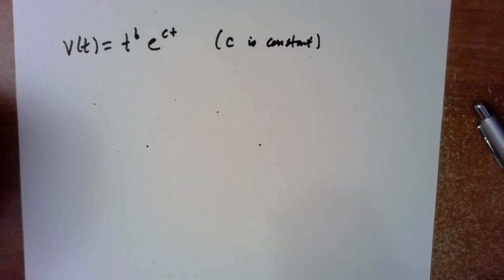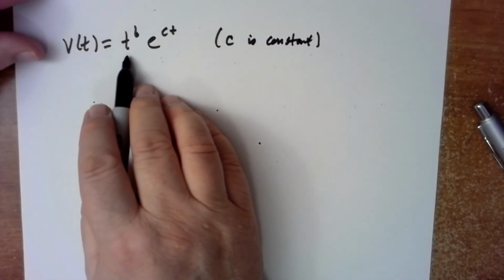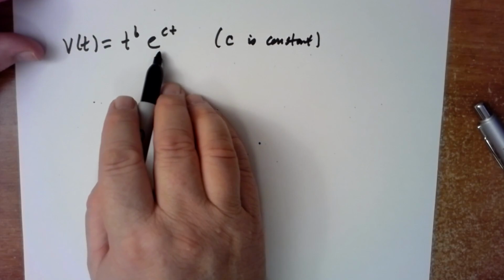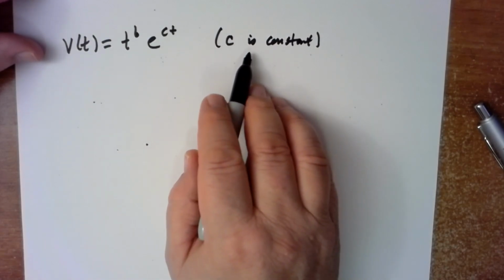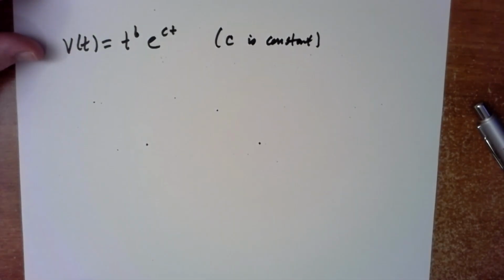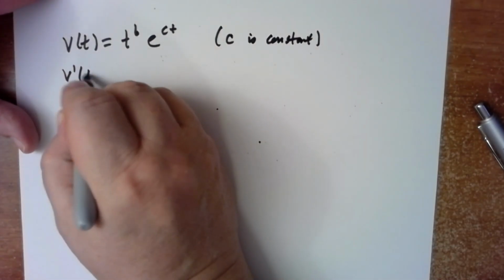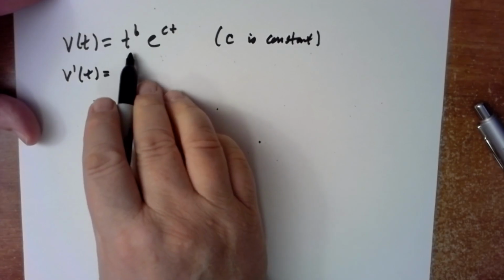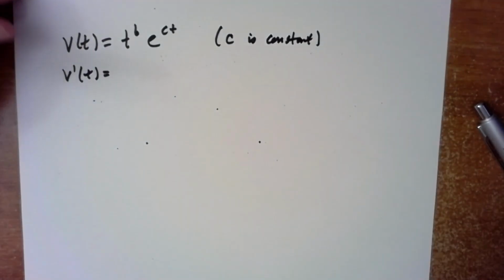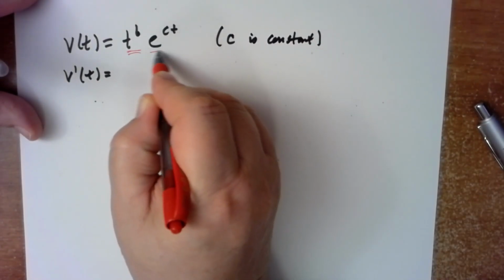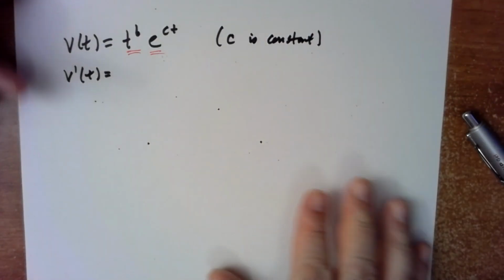Alright, so here's another exercise. So v of t is t to the sixth power times e to the ct, where c is assumed to be constant. Good. Let's compute v prime then. So the big picture here is that you have another product, right, between those two functions.